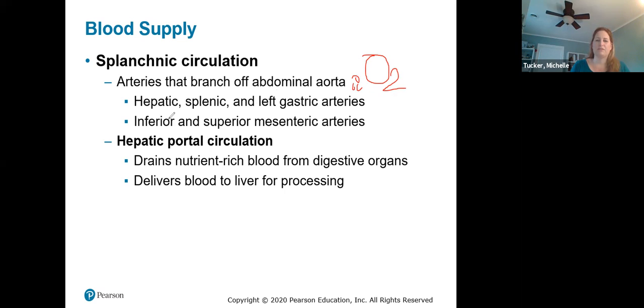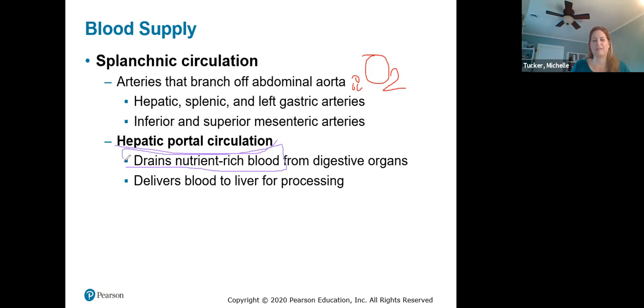The second circulation that we are going to be discussing is the hepatic portal circulation. The hepatic portal circulation is low in oxygen because it goes from a capillary bed to another capillary bed. So this is going to be low in oxygen, but high in nutrients.